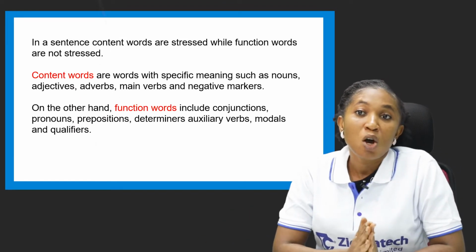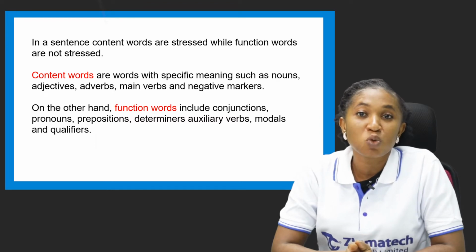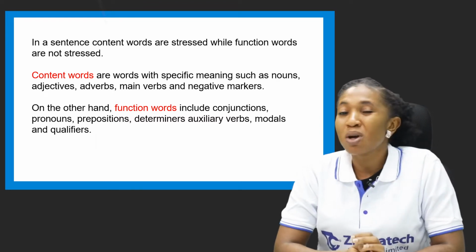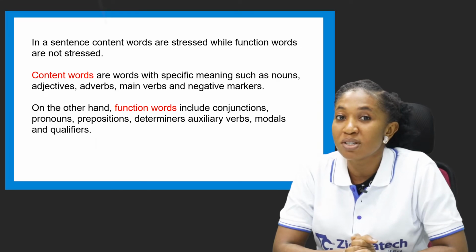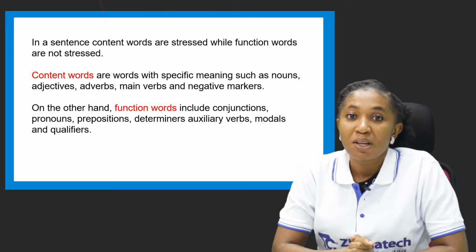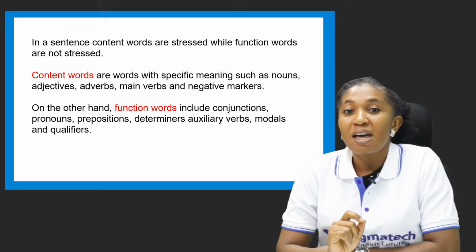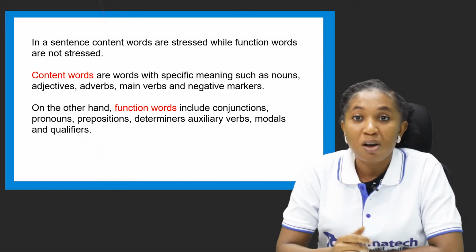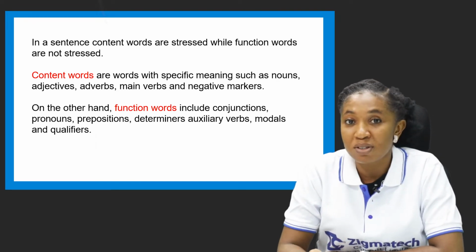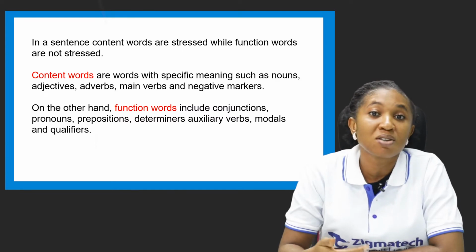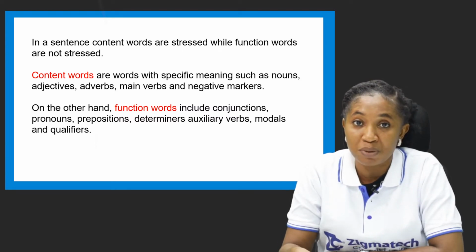In a sentence, content words are stressed while function words are not stressed. Now, what do we mean by content words and function words? Take note that an understanding of these will help us in identifying stressed and unstressed syllables in lines of poetry.